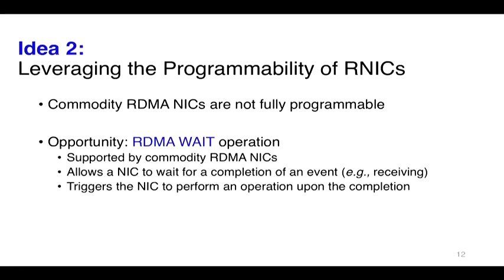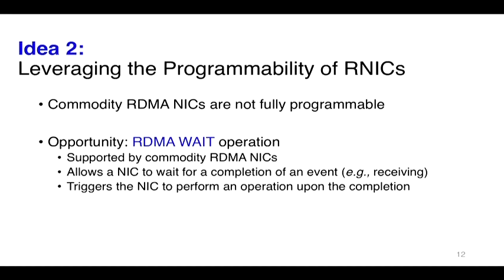That is, putting full-fledged programmability in RDMA NICs. Fortunately, we observed that there is a cool feature called RDMA wait that we can repurpose to make the replica's NIC forward the operations without involving replica CPUs.